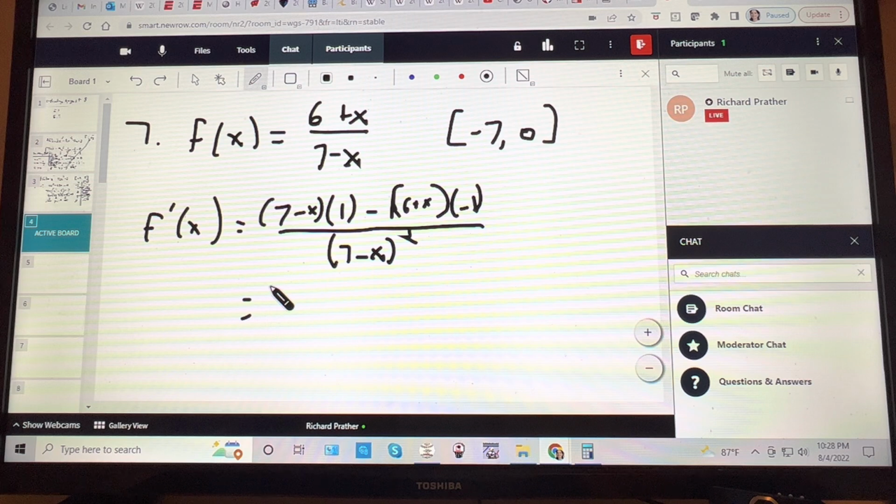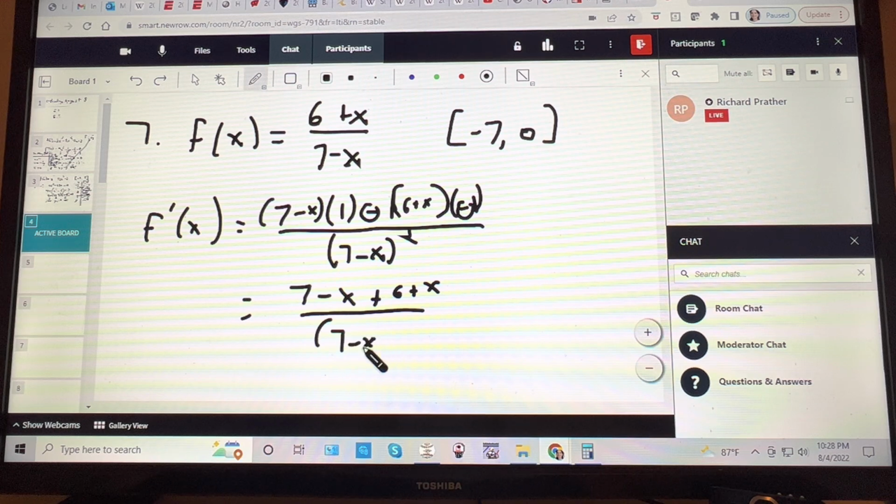We can clean up the numerator. This part times 1 is itself, 7 minus x. Here you got this negative, and this negative could turn to a positive, and then this would just be 6 plus x. If there was only one negative, you'd have to distribute it in to the parenthesis. Here we get a little lucky that the x's cancel out. So the derivative is 13 over 7 minus x squared.